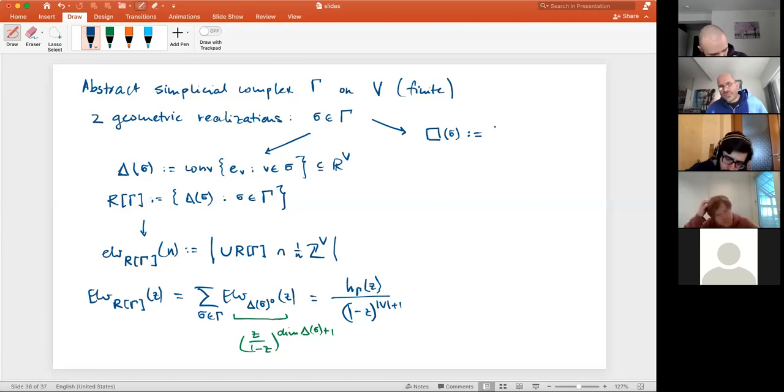I'm going to take Minkowski sums of the unit vectors, but I'm making them half open, again over all v in the simplex.